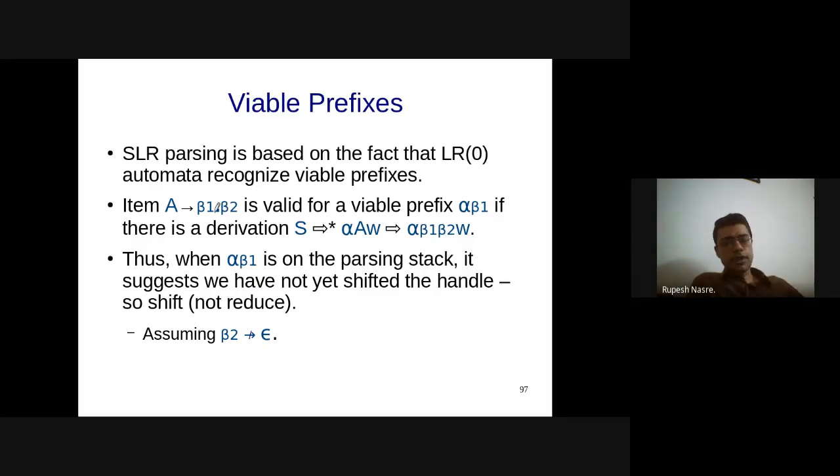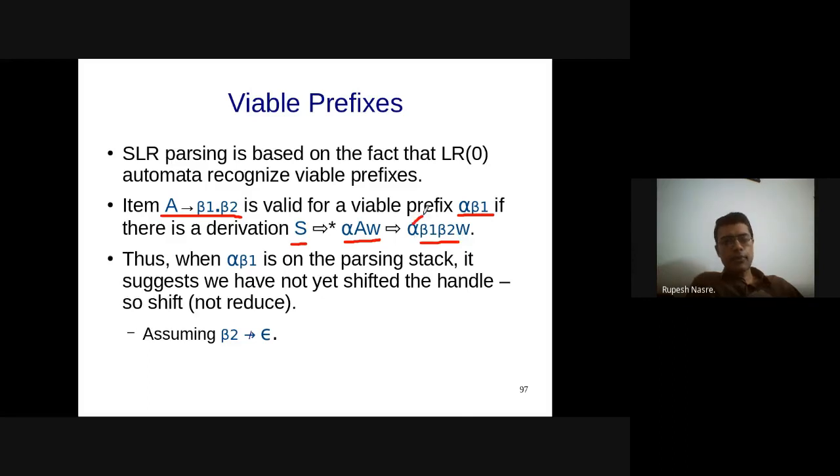Just to put it formally, if A deriving beta1 dot beta2 is the context in which you appear right now, where you have seen beta1 and you are yet to see beta2, this item is valid for a viable prefix alpha followed by beta1 if there is a derivation from the starting symbol which says that S derives alpha A W in one step, so A essentially derives beta1 beta2.